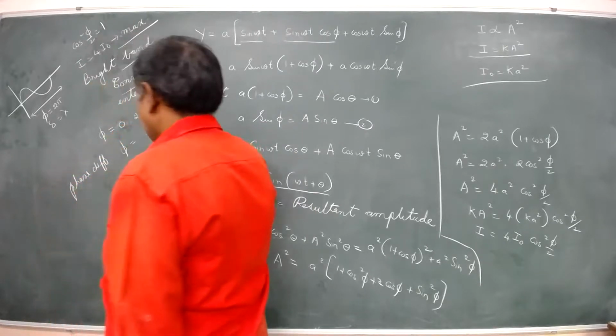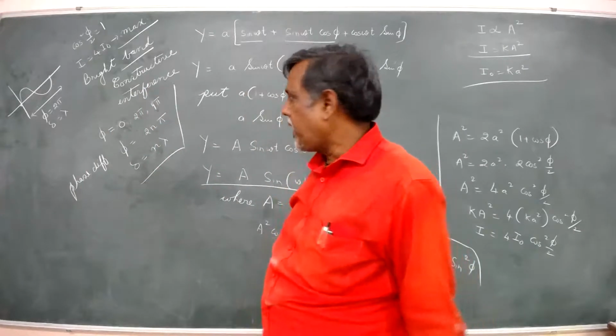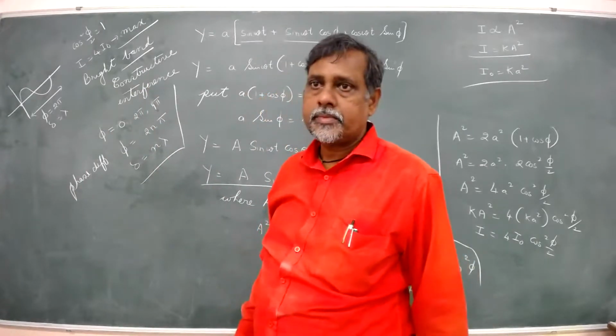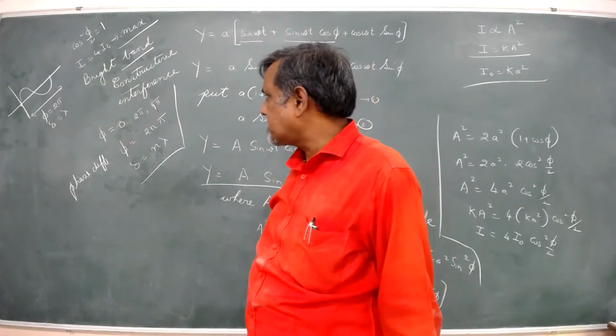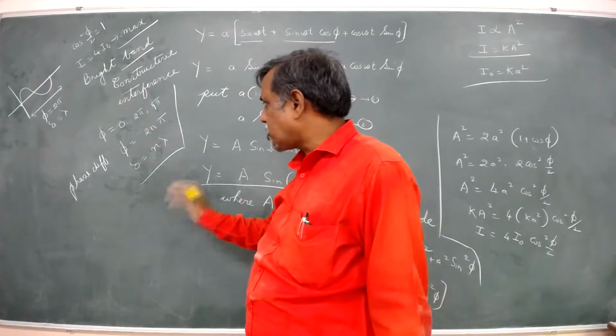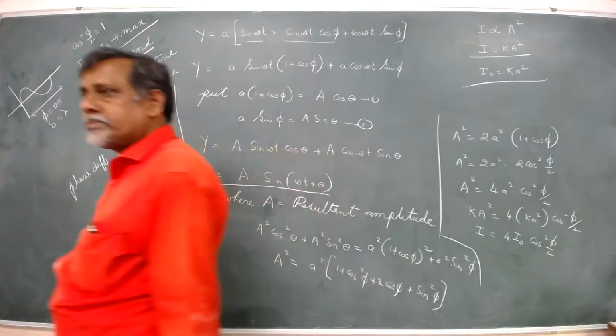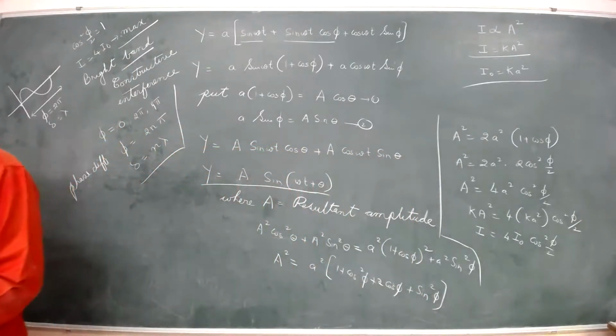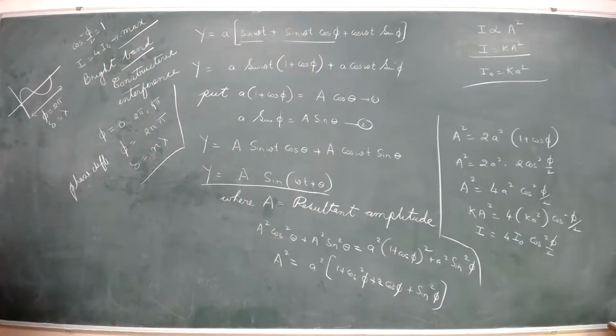So the phase difference is 2n pi, and the path difference has to be n lambda. Under these conditions, bright band formation takes place. Come on, note this down.